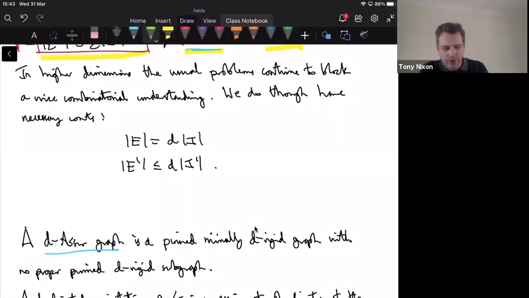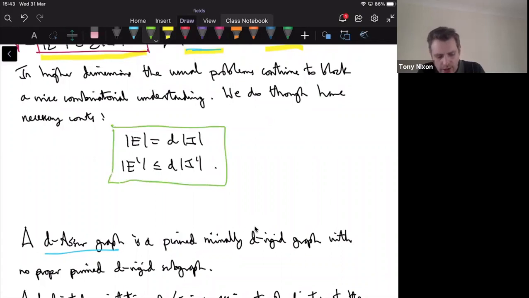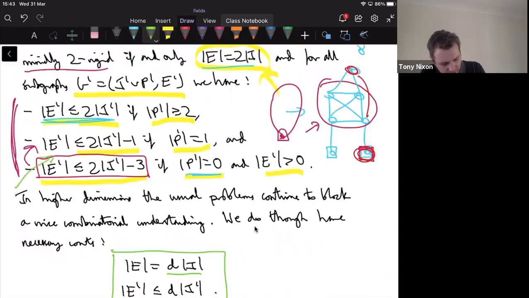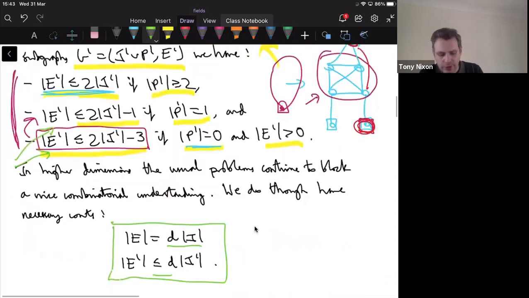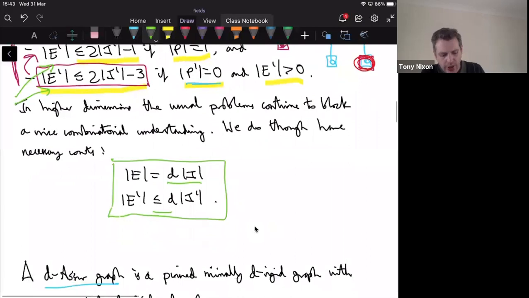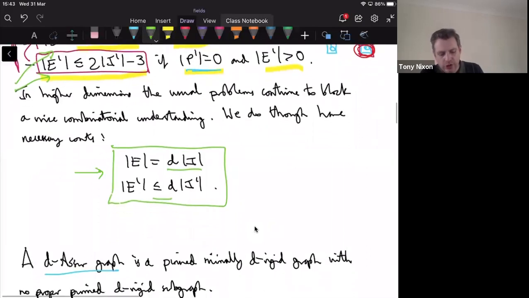But we do have the obvious necessary counts: you want the number of edges to be at least the rank, which is the number of columns, and you want that inequality to hold all the way through. The inequalities we had here, if you think about it for long enough, you can write down similar things for, say, 3D. I just haven't bothered to do it. I just need this condition to explain some of the next things.